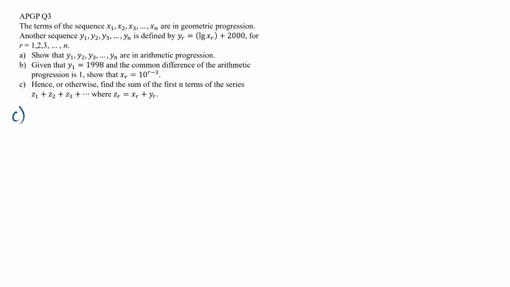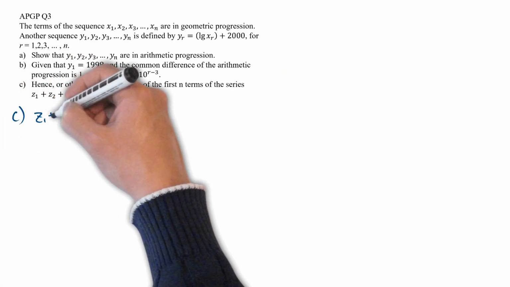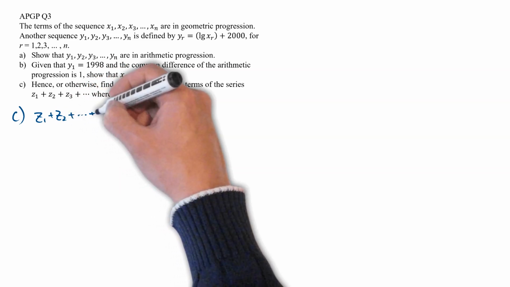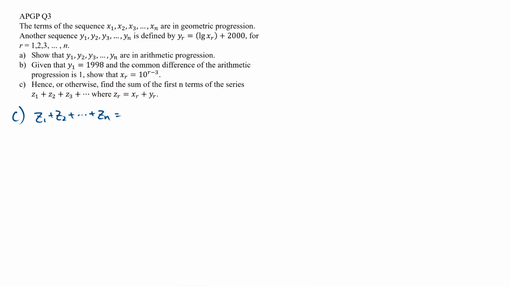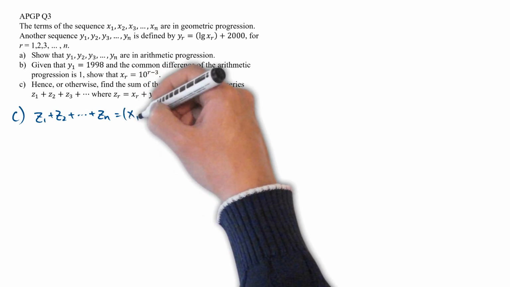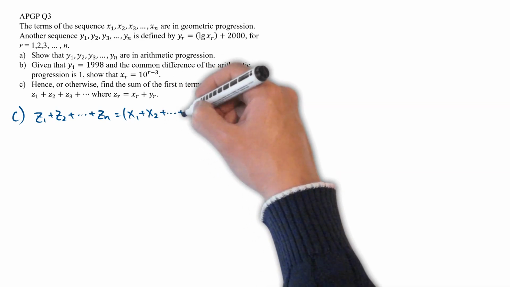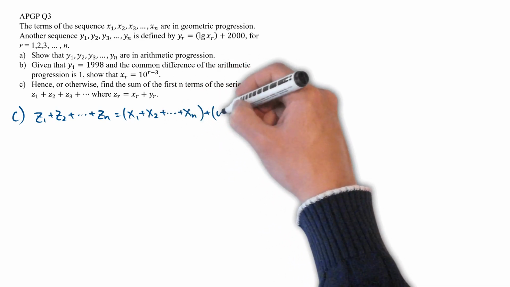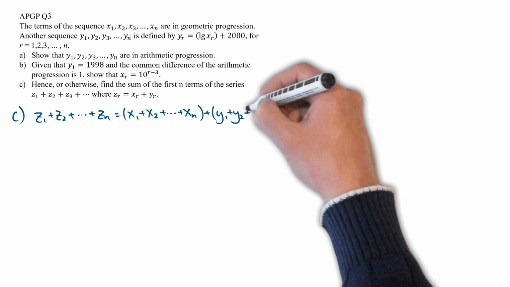In part C, we are asked to find z1 plus z2 plus z3 all the way until zn, where zr is equal to xr plus yr. We can rewrite this as x1 plus x2 plus x3 all the way to xn plus y1 plus y2 all the way to yn.